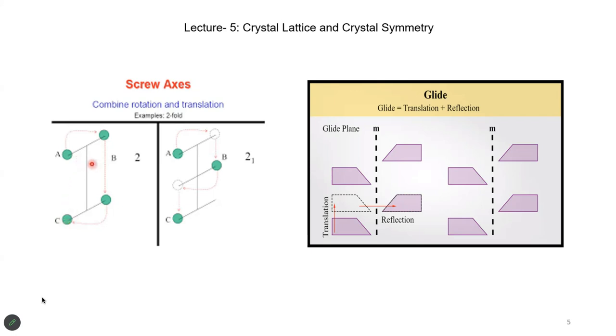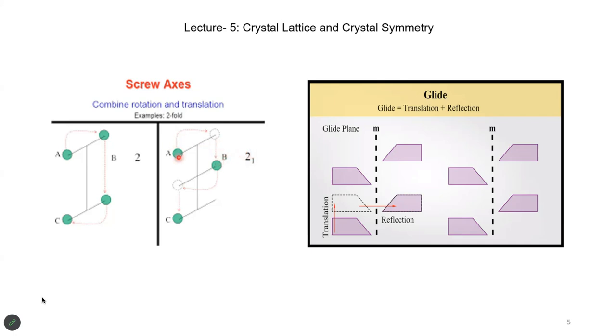We just compare this with screw axis. Here you see, we start at this point, and along this axis we rotate it, and then we don't get this after 180 degrees. What we do get, if we translate along this axis of rotation half the way of the unit cell, we get it. And that is an example of two-fold screw axis.